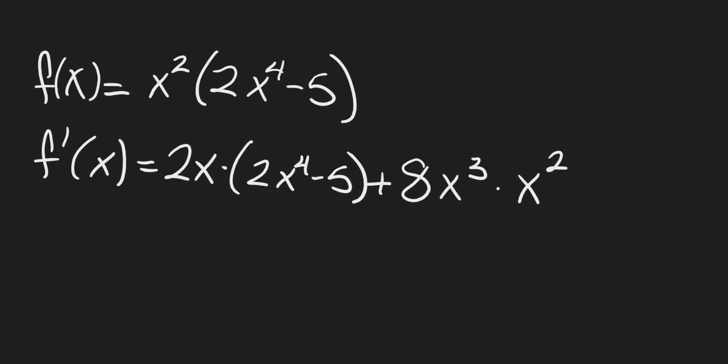You can simplify this function. However, most teachers do not require you to go that far. This is usually far enough when you're taking a Calculus 1 course, unless the directions specify to simplify.